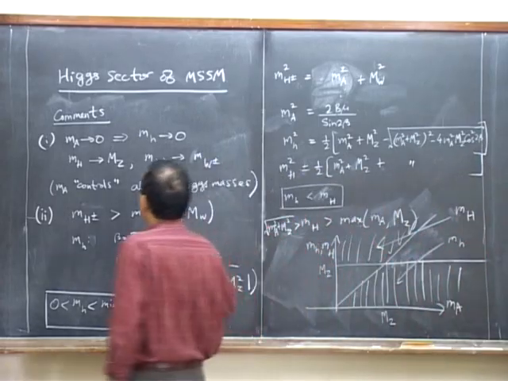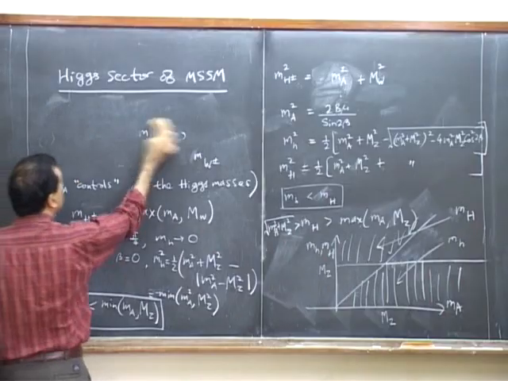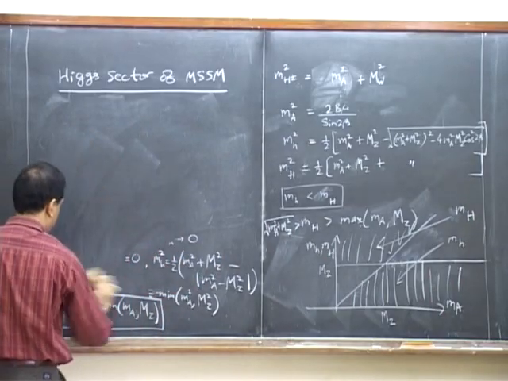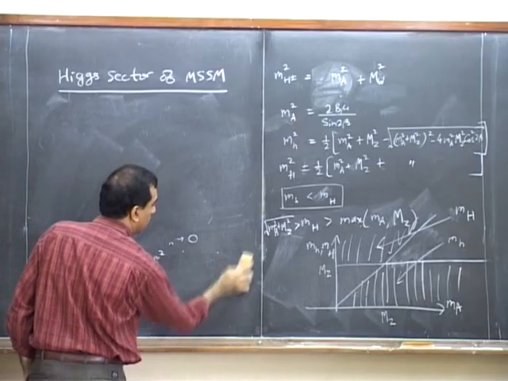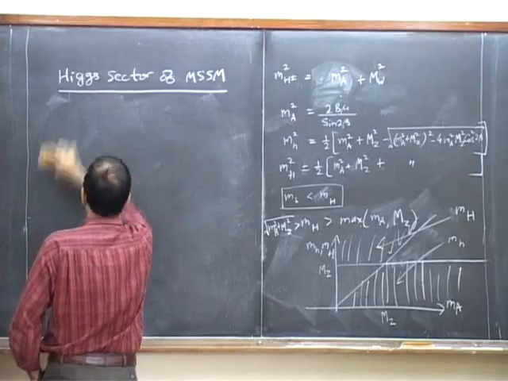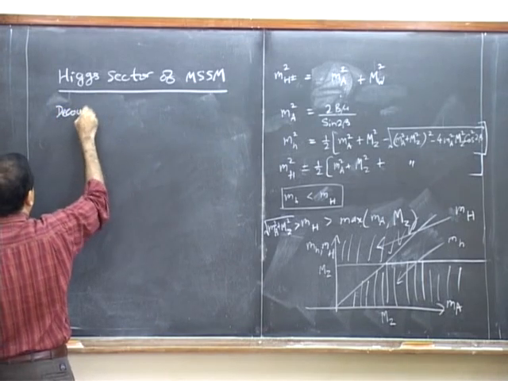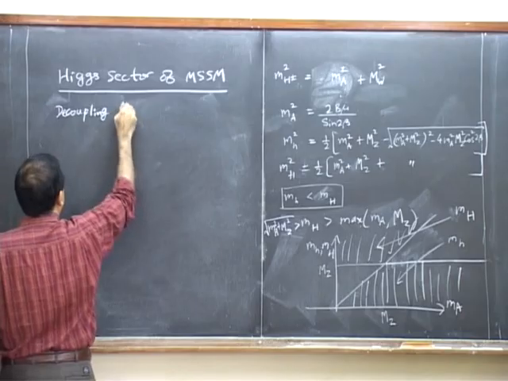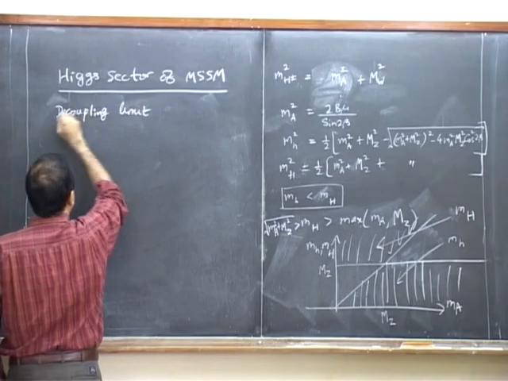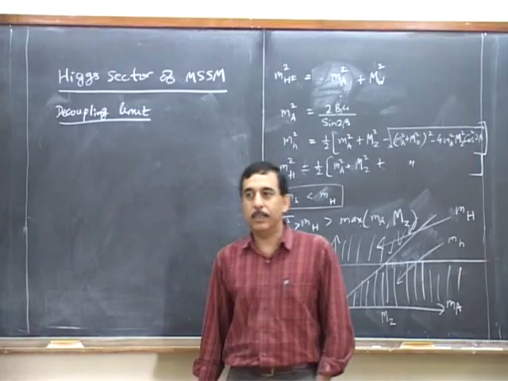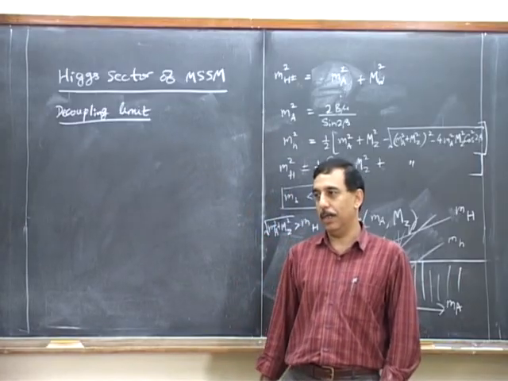Okay. So this brings me to something called the decoupling limit. This is useful to think of because it's a limit, as we just showed, where the entire Higgs sector of the MSSM turns into the Higgs sector of the standard model.